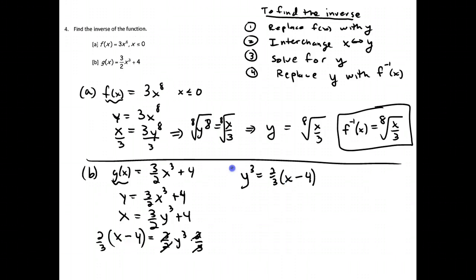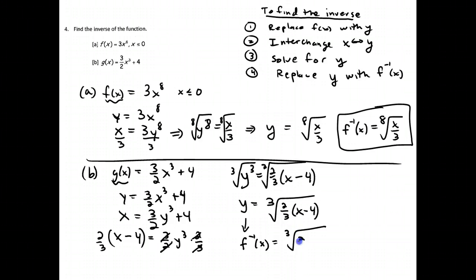And just take the cube root. And we're done. We'll have y is the cube root of 2/3 of x minus 4. And we just call that f inverse. I guess you could possibly distribute the 2/3 across, but that's good enough.